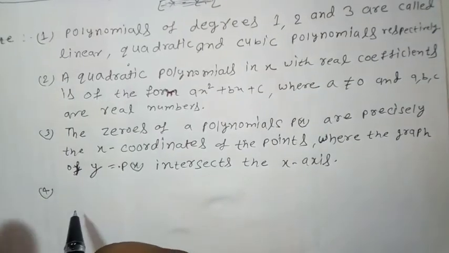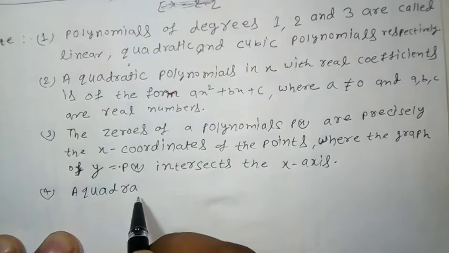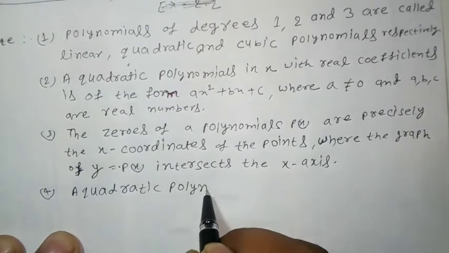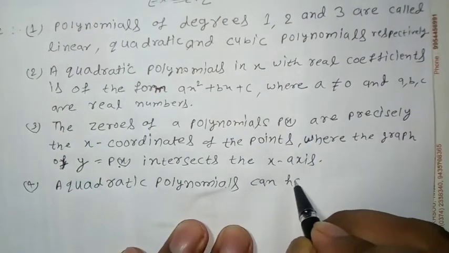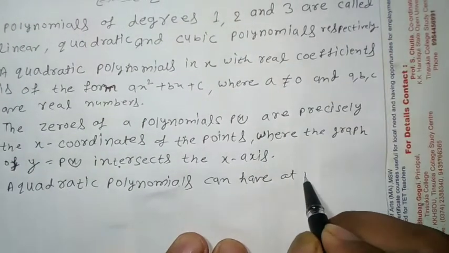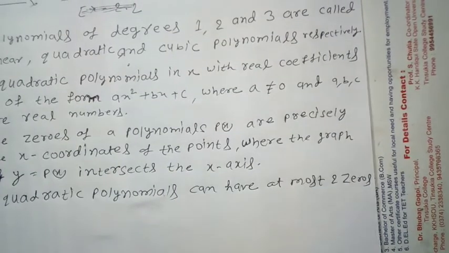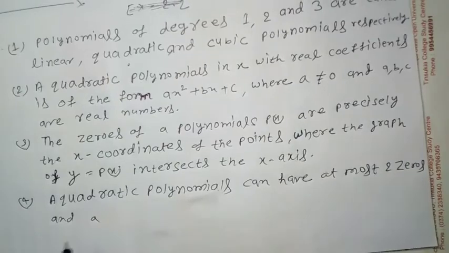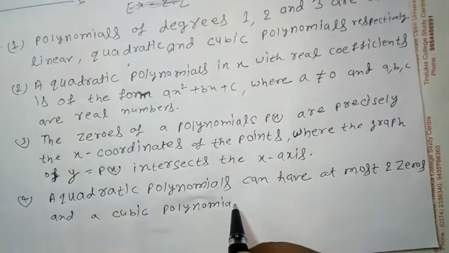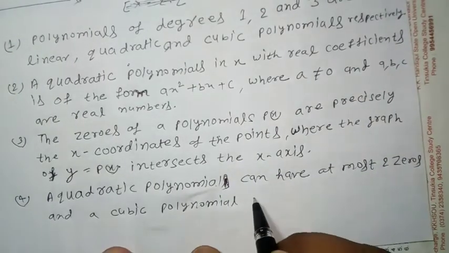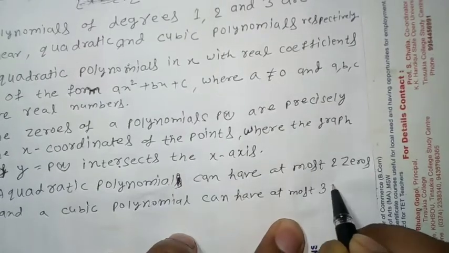The next point, a quadratic polynomial can have at most two zeros, and a cubic polynomial can have at most 3 zeros.